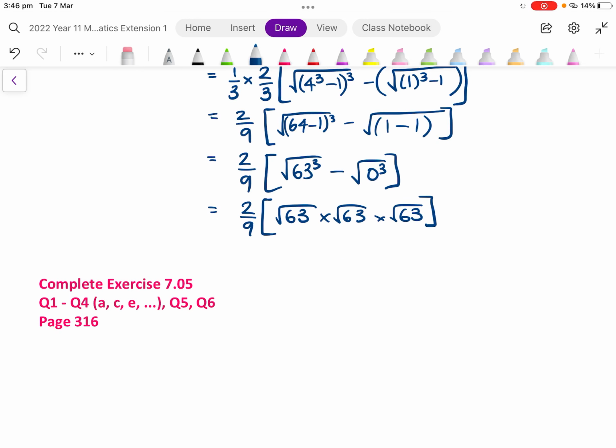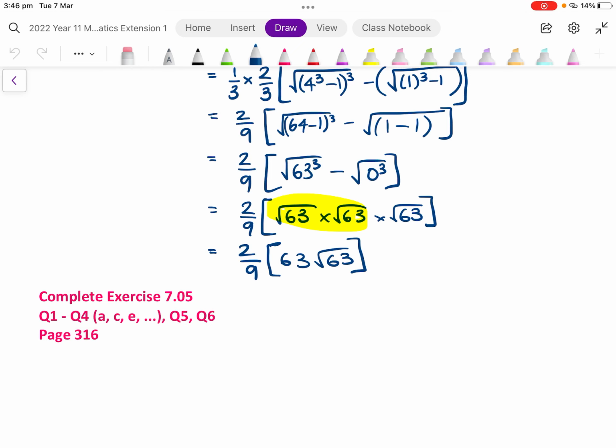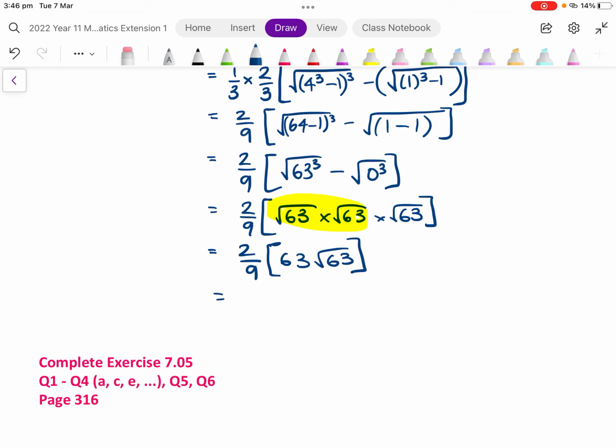We know that root 63 times root 63 is just 63, and then we multiply by that root 63. And so then 2 over 9 times 63 is in fact equal to 14. So we have 14 root 63 as our answer there.